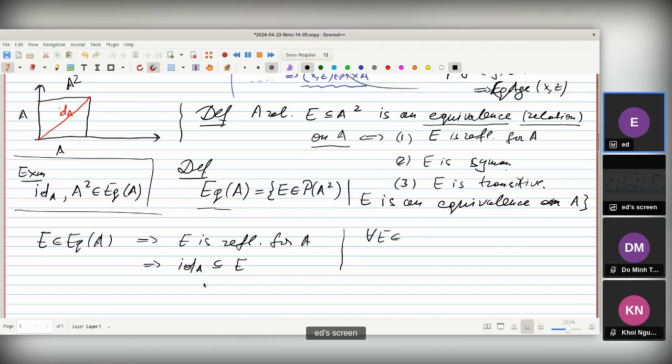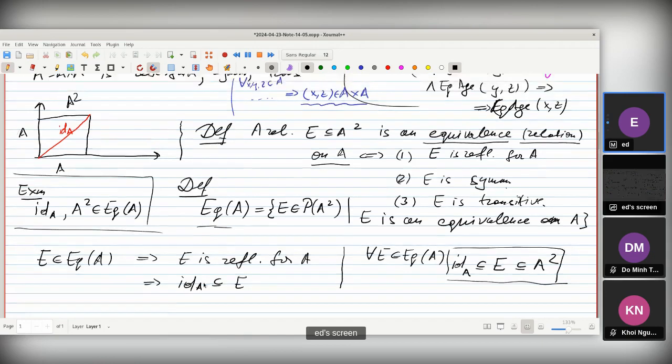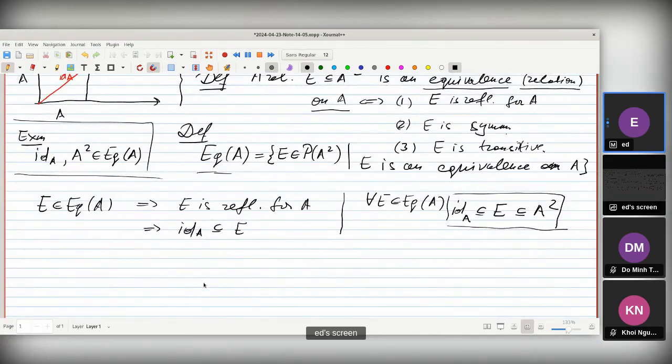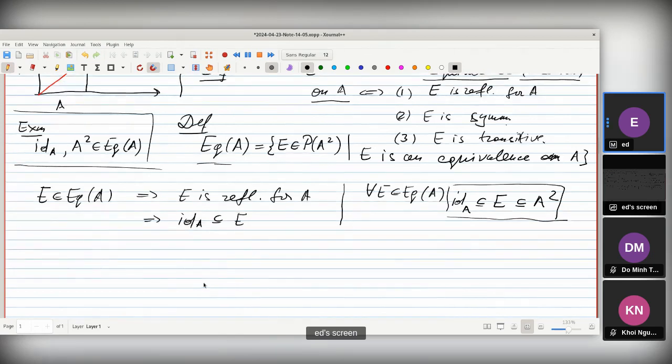For every equivalence relation E on A, E is greater or equal in terms of set inclusion than the identity relation, and as every relation on A, it is of course less or equal than A squared. So every equivalence is in between identity and A squared, where the identity relation and A squared are also equivalences, the least possible and the greatest possible equivalences.